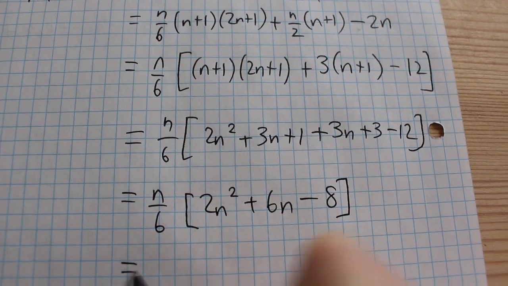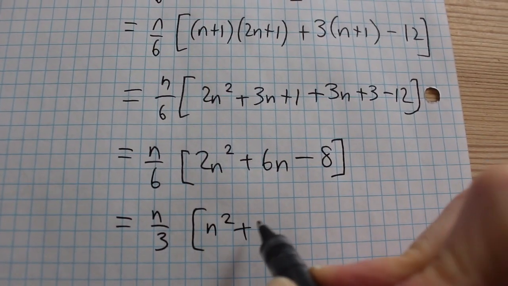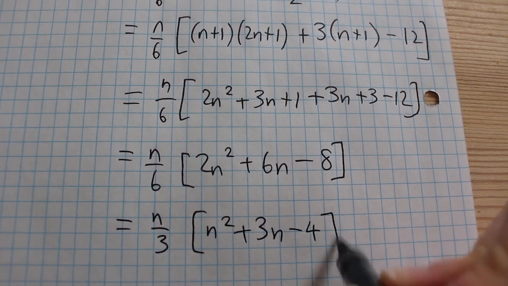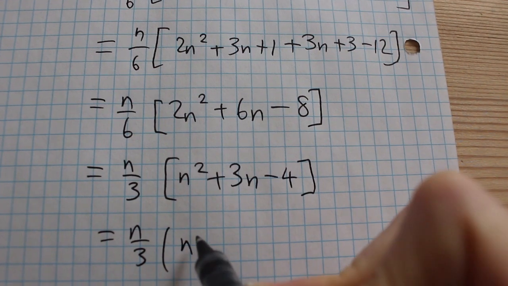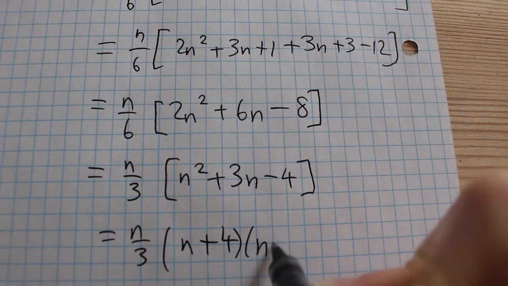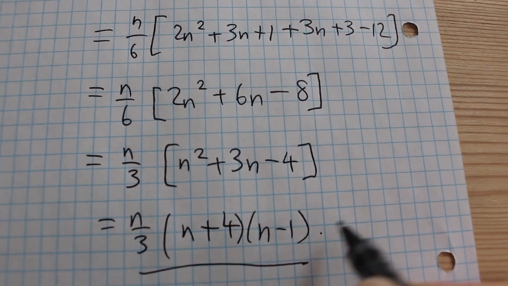And then we can take a 2 outside, so we get n over 3, brackets n squared plus 3n minus 4. And then that factorizes as n plus 4, n minus 1, which is precisely what we wanted to show, so we're done.